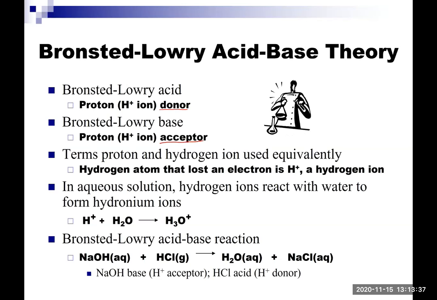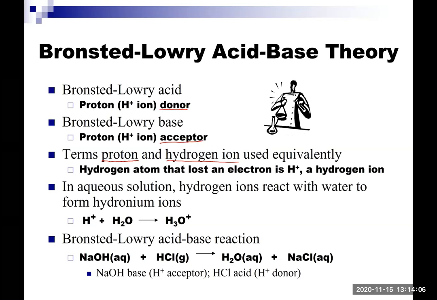These terms proton and hydrogen ion are used equivalently, and also hydronium ion is used equivalently to proton or hydrogen ion. Hydrogen, as it is, is a proton and an electron. So if you have a hydrogen atom that loses an electron, the only thing that's left is H+, or a proton.